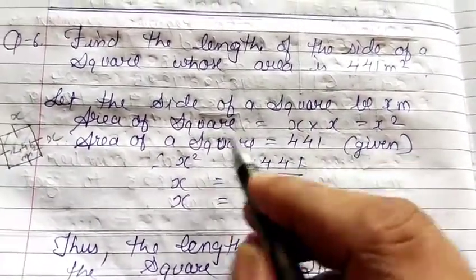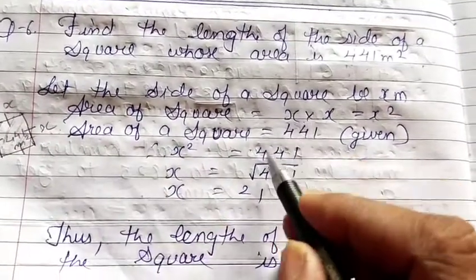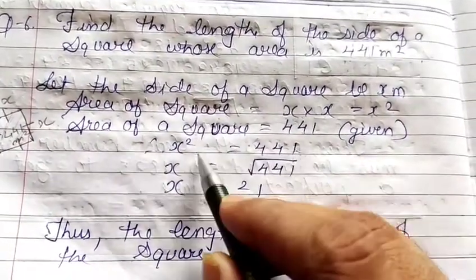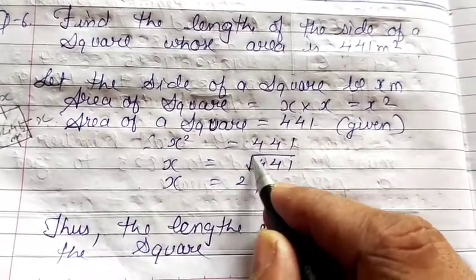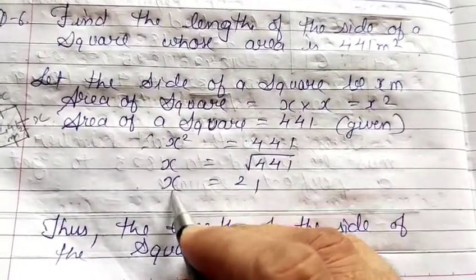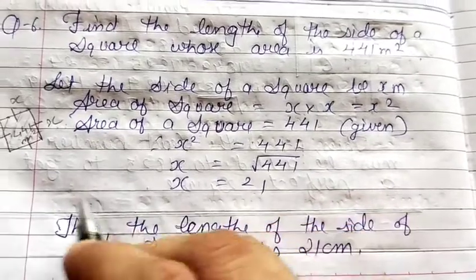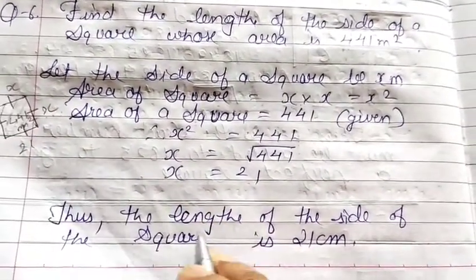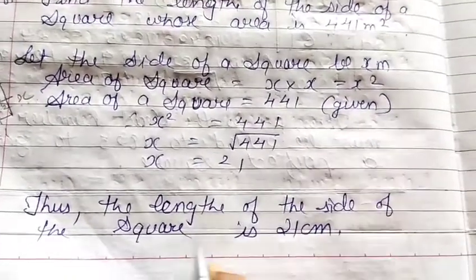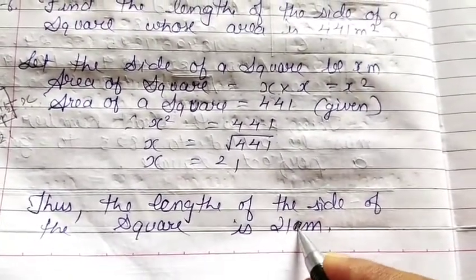Now when you equate x square with 441, and find the root of x square, that is the root of 441, you will get 21. That means the value of x is 21, means the side of the square is 21. So write down, the length of the side of the square is 21 meter. It is given in meter.